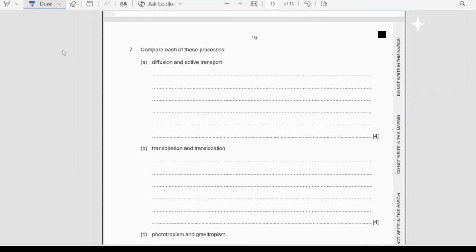Good. What is transpiration and what is translocation? Wait, it's not movement. It's the loss of water. It's the loss of water from leaves, not xylem.